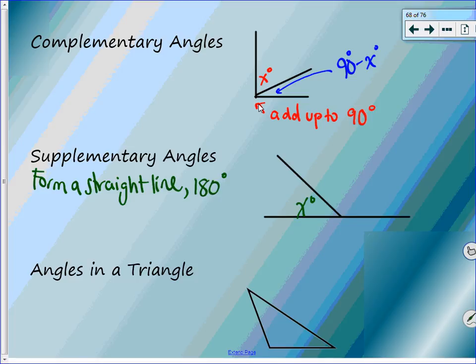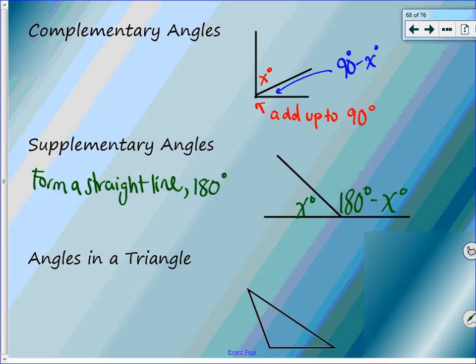Isaac? 180 minus x. Good. So if two angles are supplementary, one is going to be x and one is going to be 180 minus x, because they both have to add up to 180. If you add these up, do you notice how the x's cancel and you just get 180? And if you add up the complementary ones, the x's cancel and you just get 90.